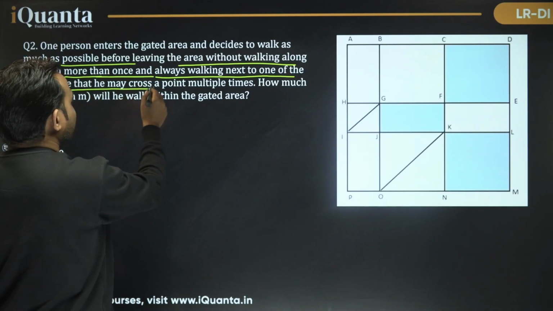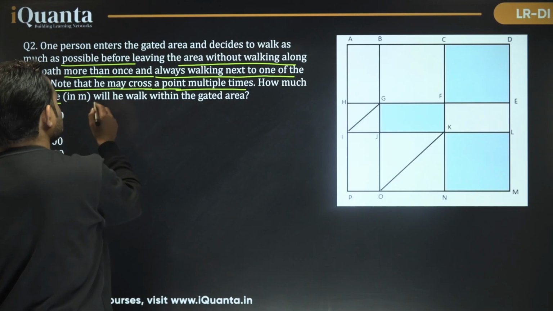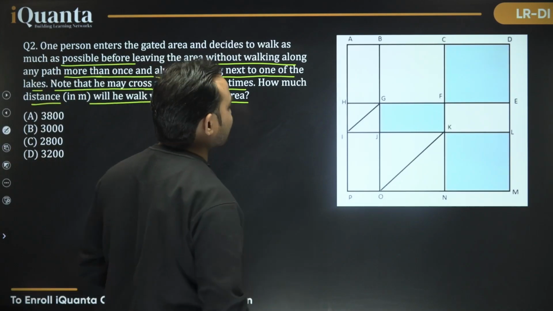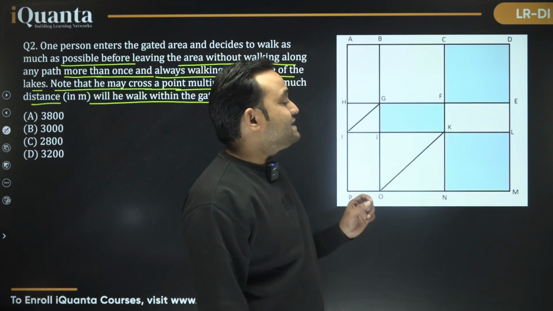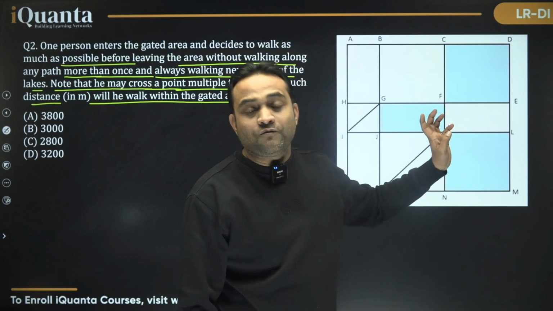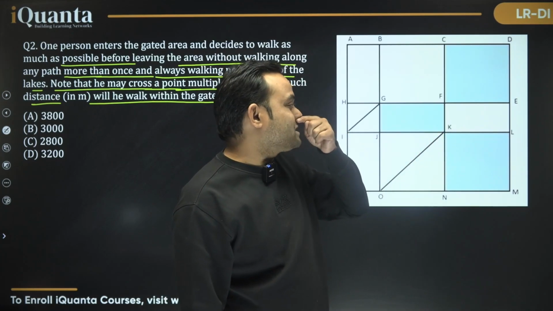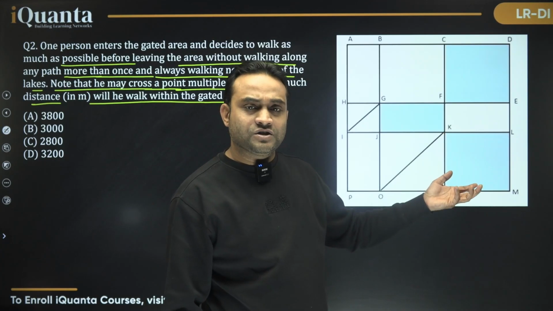Note that he may cross a point multiple times. How much distance will he walk within the gated area? So what should we focus on? That he is able to cover all the boundaries of all the lakes, if that is possible, without repeating any boundary, then we should get the answer.